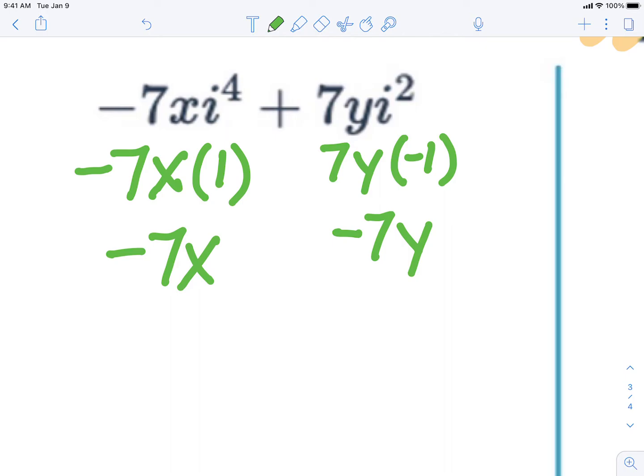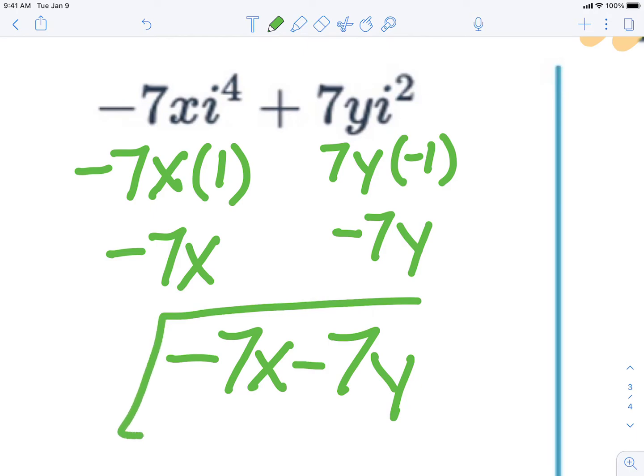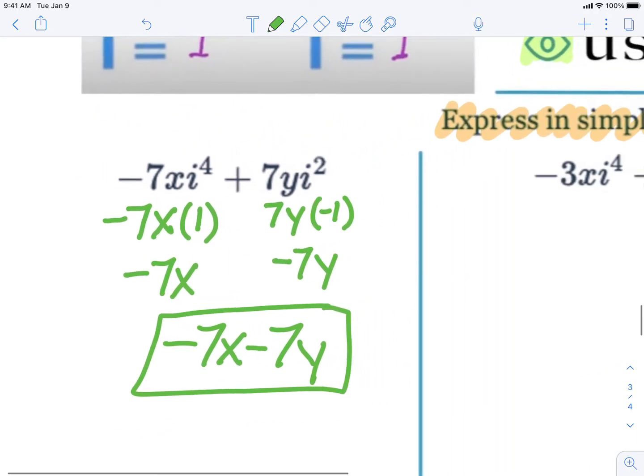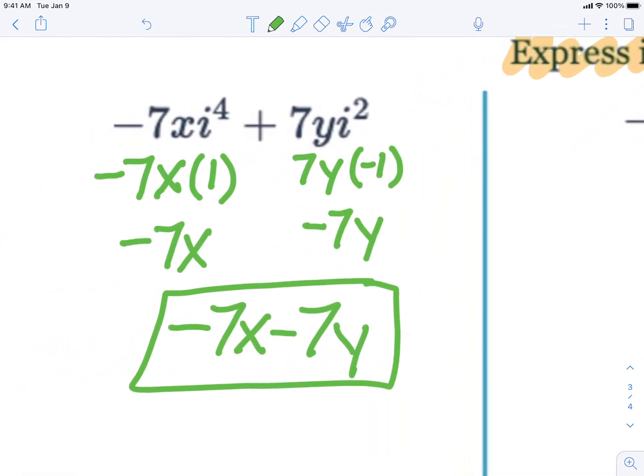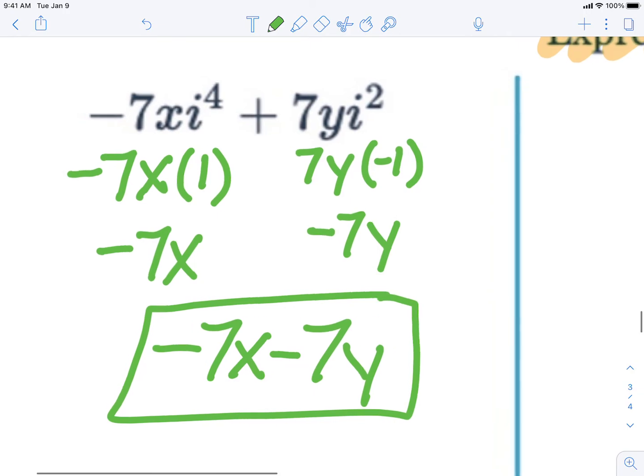So I'm going to write them together with the x going first, x before y: negative 7x, and negative 7y going second. And that right there is my expression in simplest form. I can't do anything more with it anymore. I can't combine it. I can't add these two together. There's no more substituting like I did here. So I'm done.